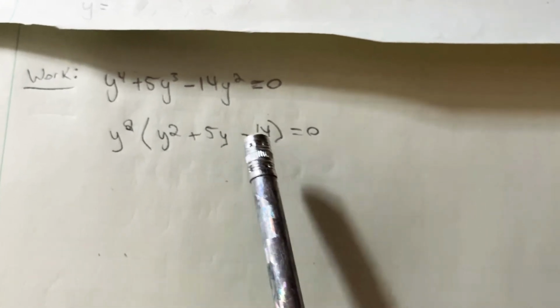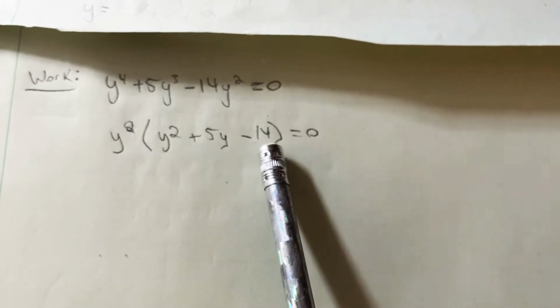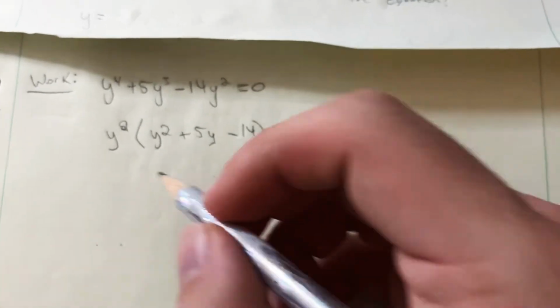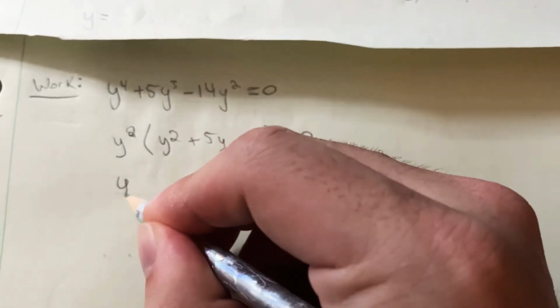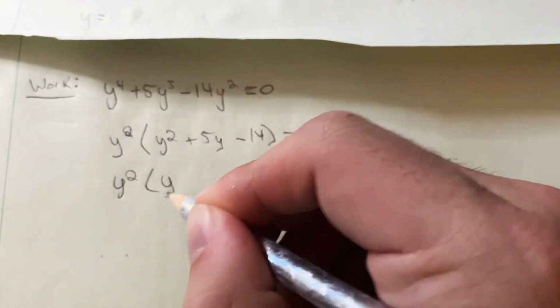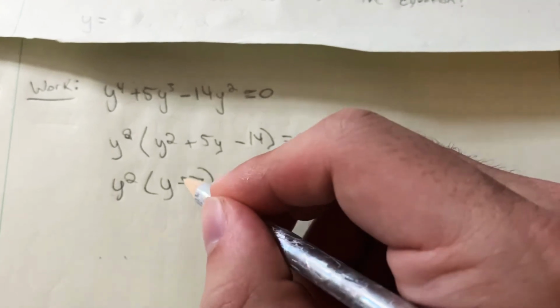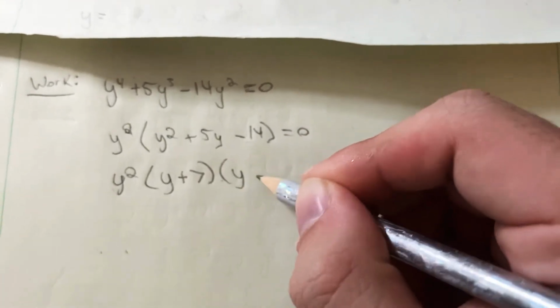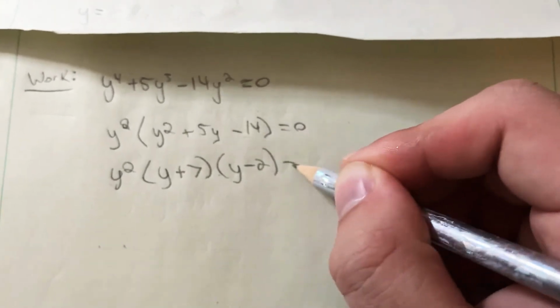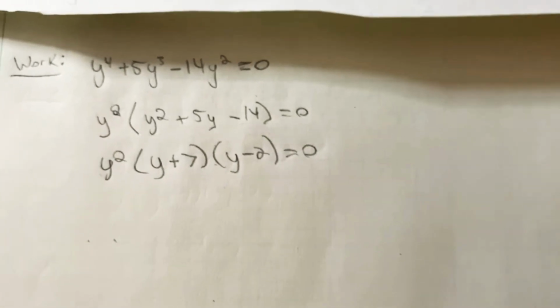Summing positive 7 and negative 2 gives you positive 5, and multiplying gives you negative 14. So we get y squared, y plus 7, and y minus 2 equals 0.